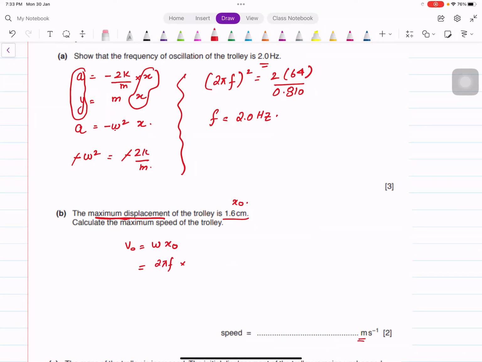We need to change x naught into meters. So if you were to divide by 100, could you find this, please? 0.2.